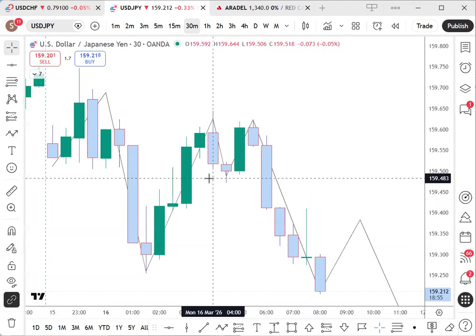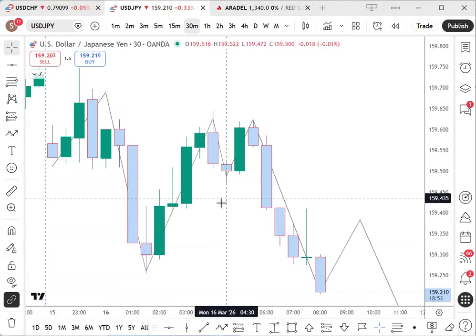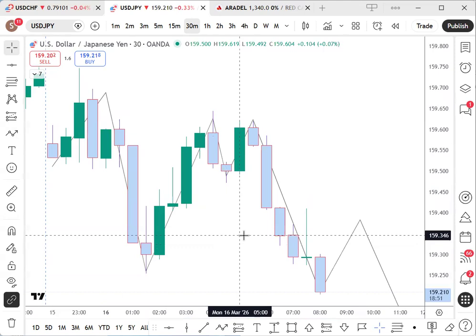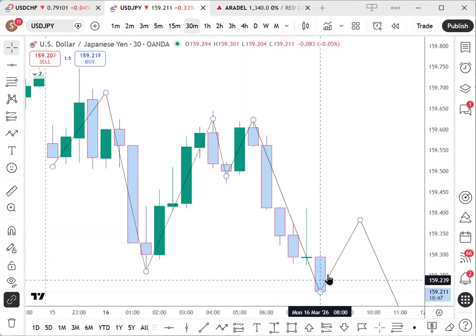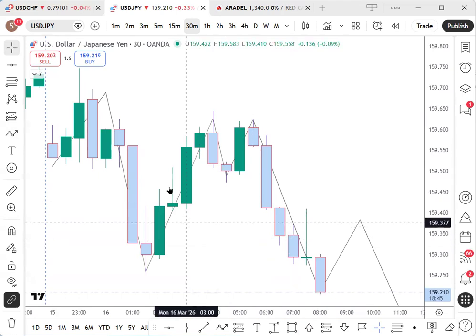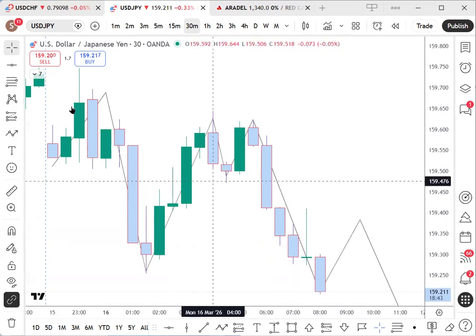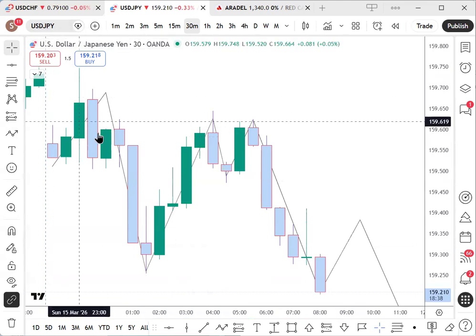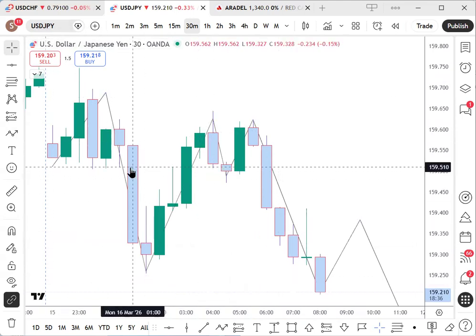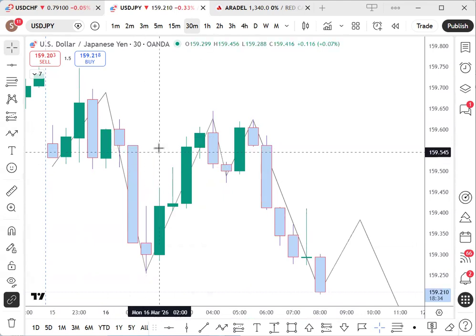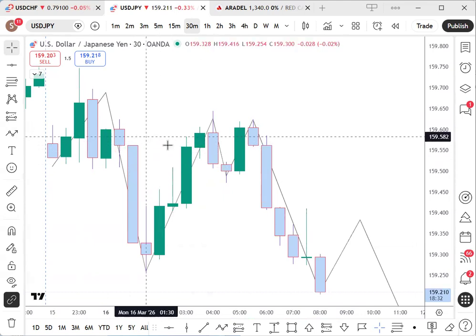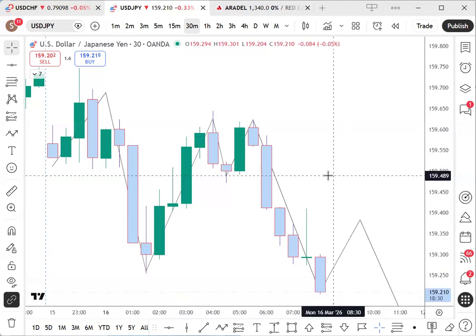That's correlation, but it doesn't always happen like that, though usually it does. And since USD JPY has the USD in it, if it's going down, that means things like gold as well should potentially be going up. So let's see what price will do.